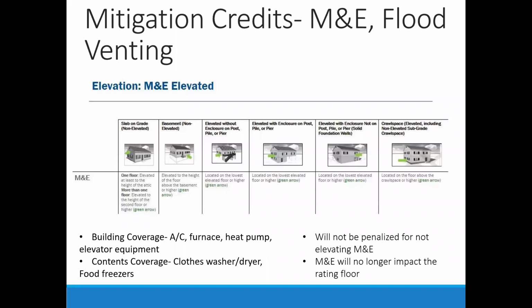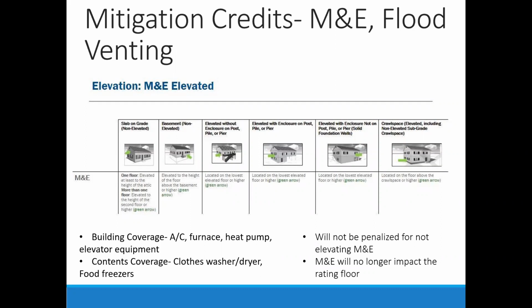That might just be the living floor at that point. If it's elevated without an enclosure, it's to the living floor. The same thing with partial enclosure, it's to that next higher floor. The same thing with the diagram 7, full story enclosure to the living floor, the next higher floor. And then the crawl space, it's to the floor above the crawl space or higher.